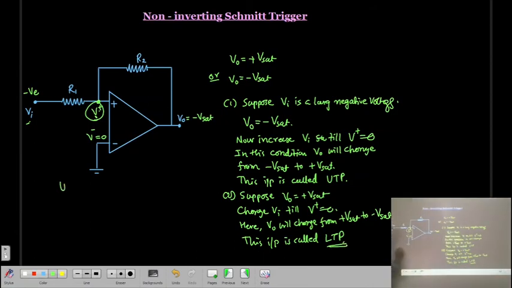Remember, in UTP, whenever the input voltage crosses the UTP, the output will change from minus V saturation to plus V saturation.